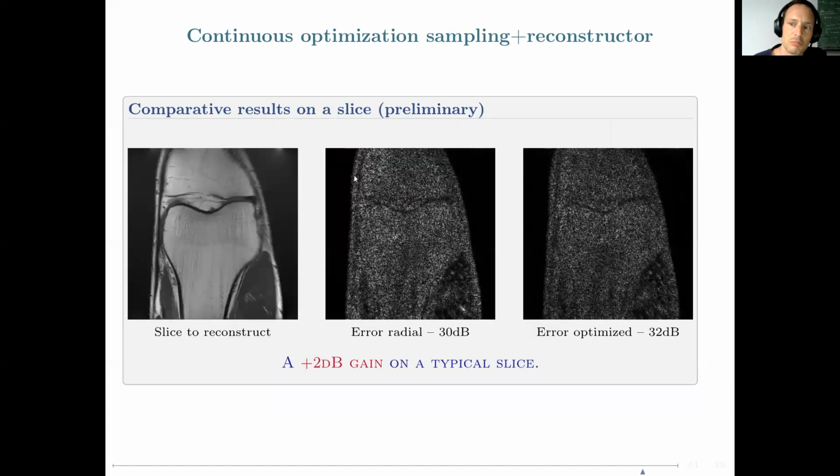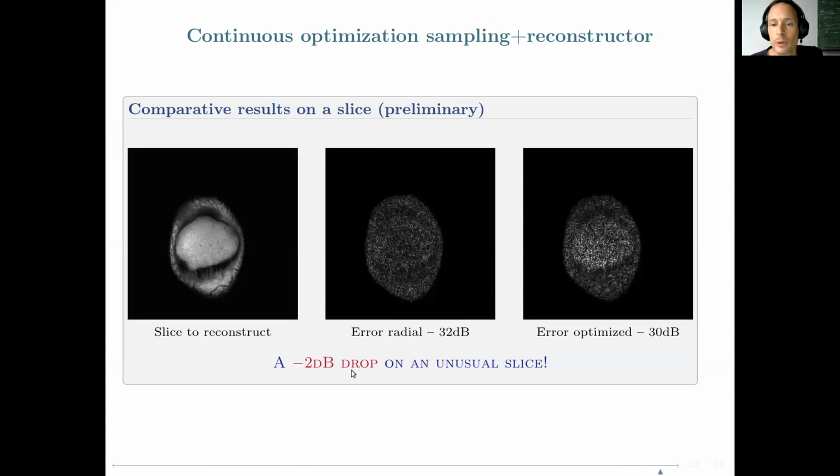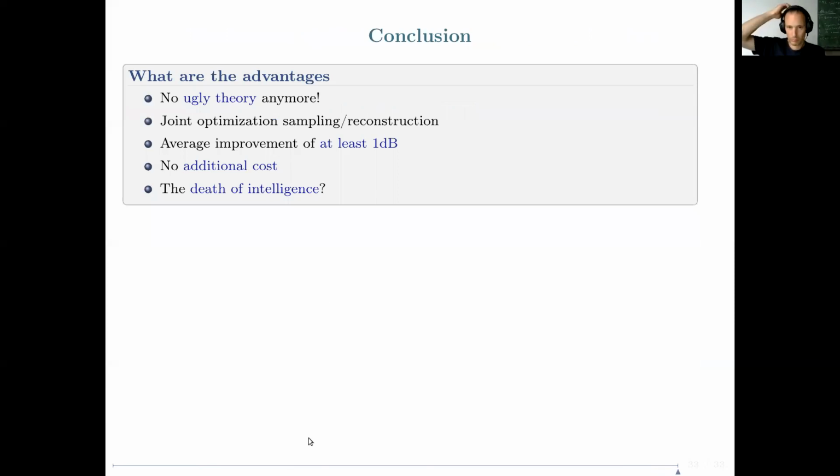And in fact, on a typical slice, this would be the error for our optimized scheme and for the radial scheme, which is already very good. And here we have a 2 decibel improvement. And if we take another slice, we get a minus 2 decibel drop. Okay, and so there the radial sampling pattern was better.